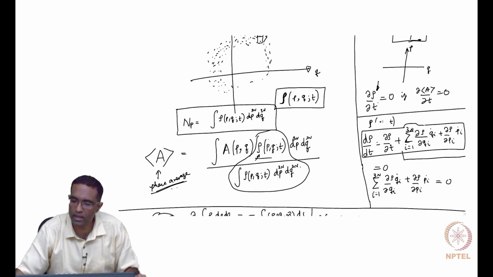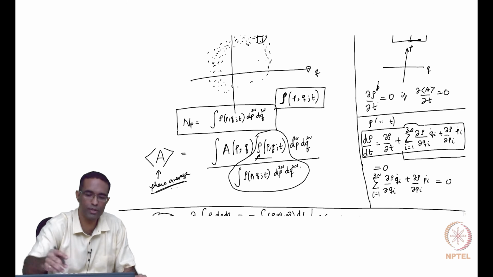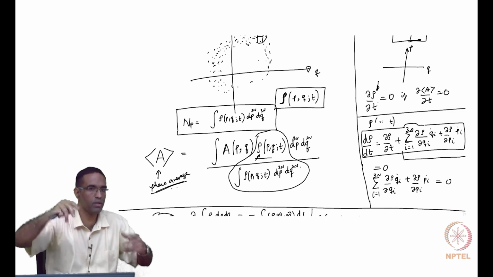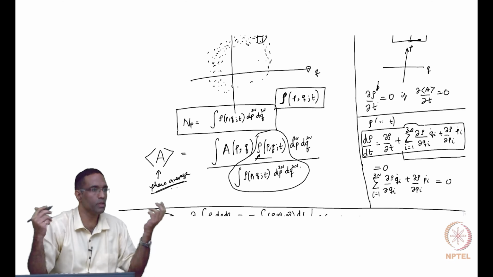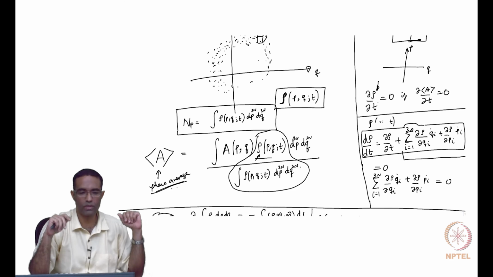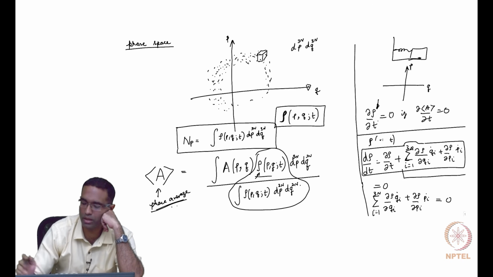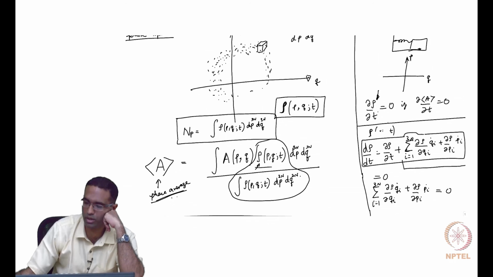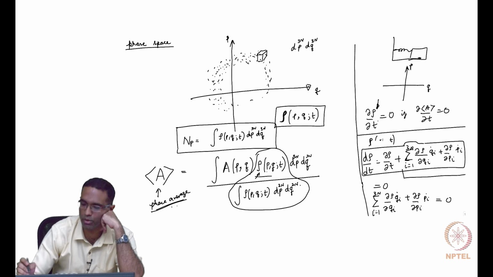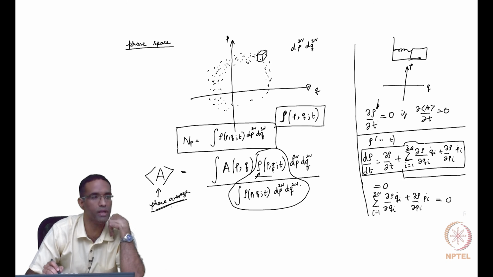The phase points in this phase space are all moving, because they are moving in accordance with Hamilton's equations of motion, right? So dou rho by dou t, the value of this density may be varying with time.